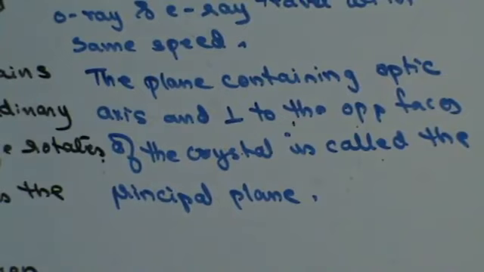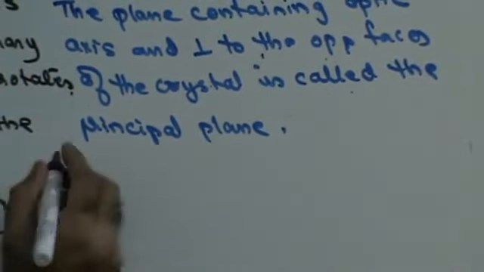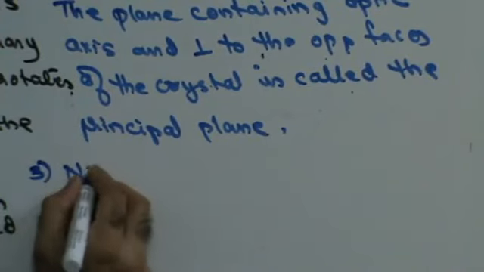Fine. So do you understand the structure of the crystal? Now we are going to see a very specific crystal which is called a Nicol crystal, or also called a Nicol prism.